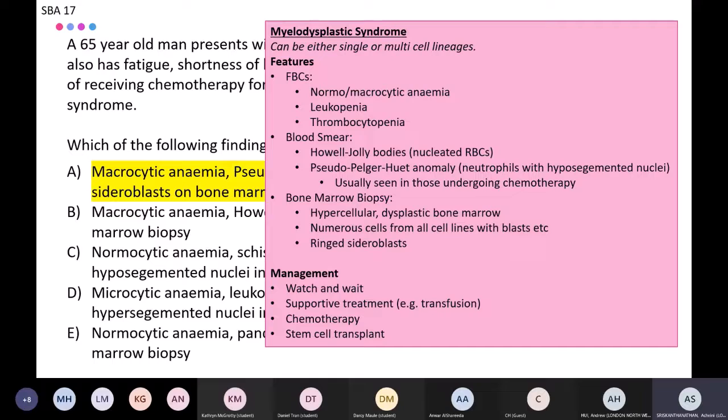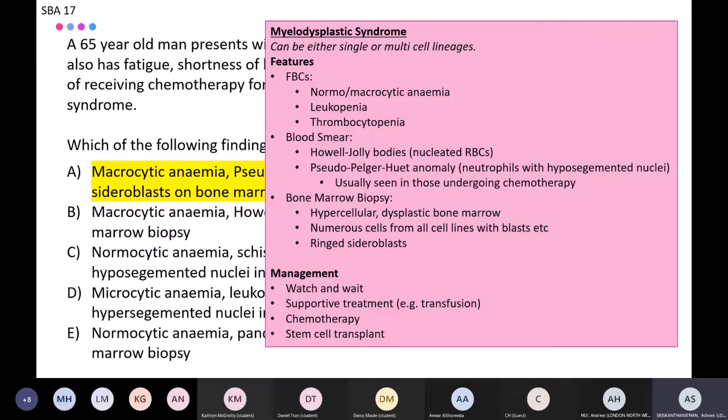So in MDS, you have this macrocytic anemia. It's one of the common causes of this. So you can get a normocytic or macrocytic anemia, but macrocytic anemia is the more common picture here. You can get a leukopenia and a thrombocytopenia as well.